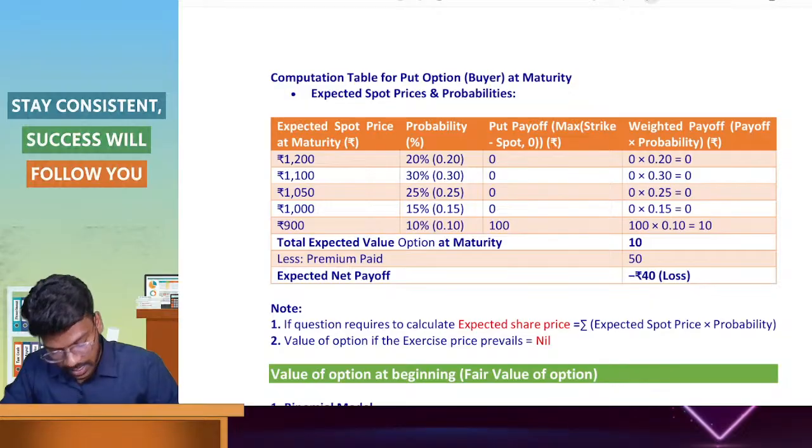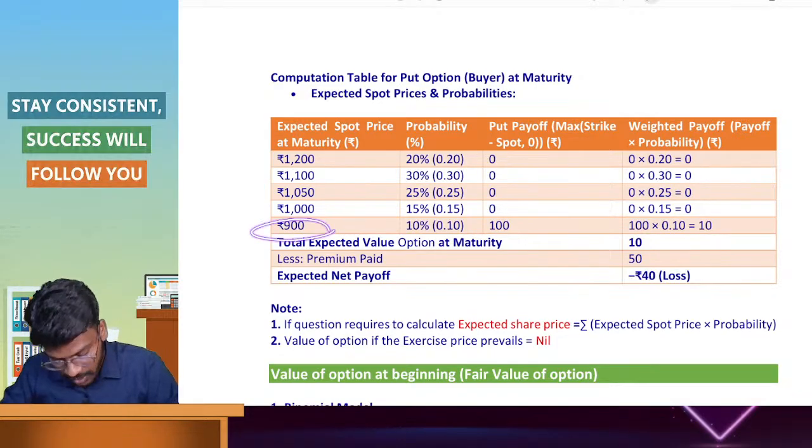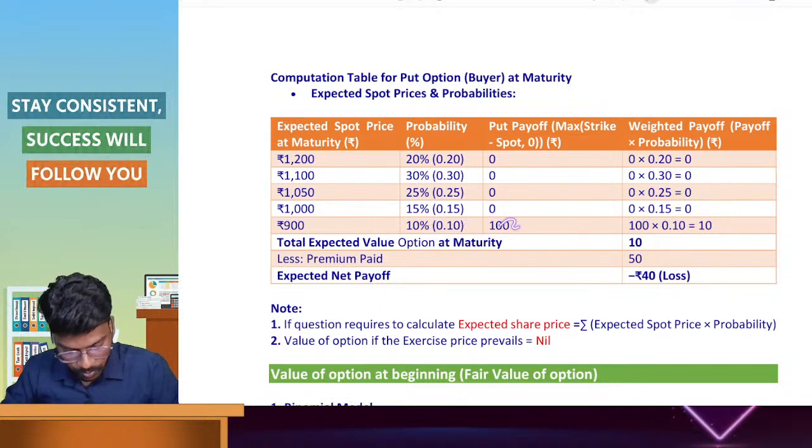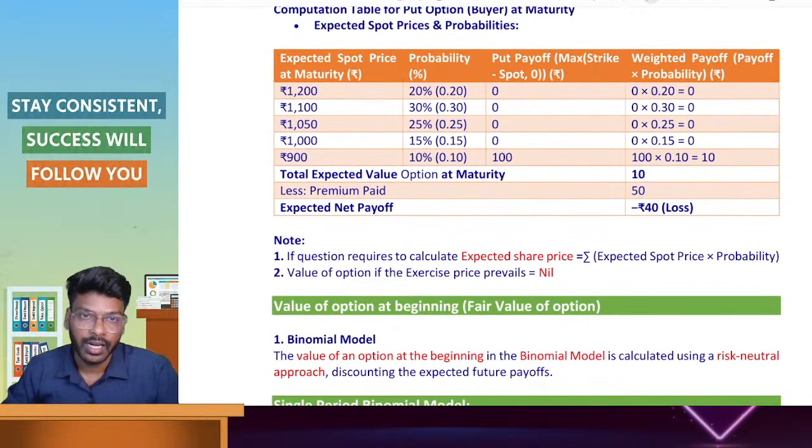For the third scenario, the payoff will be 100. 100 into 0.1 will give you 10. So the expected value of the option on maturity is 50. 50 minus the premium amount paid gives the net payoff of 40.